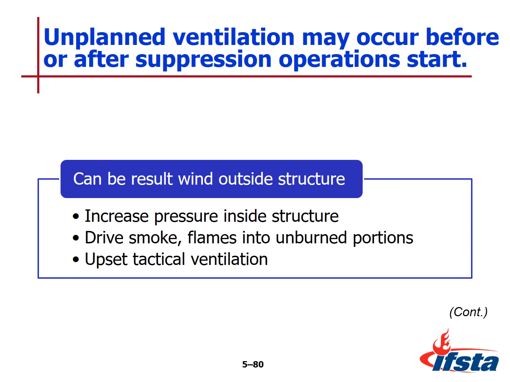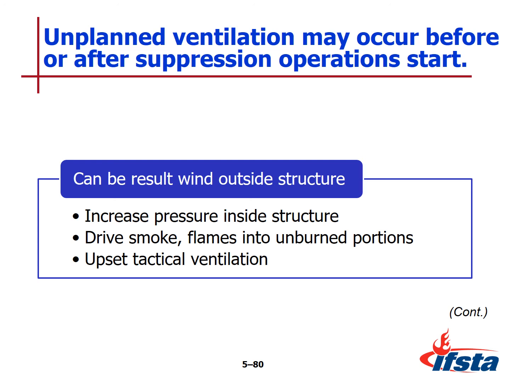Unplanned ventilation can occur before or after suppression operations start, basically due to the result of wind outside the structure, increasing pressure inside the structure. Because greater to smaller, not only does it work with heat, but it works with liquids, it works with air, it works when we're breathing. We're sitting here breathing and all we're doing is just changing the pressure from inside our lungs to outside.